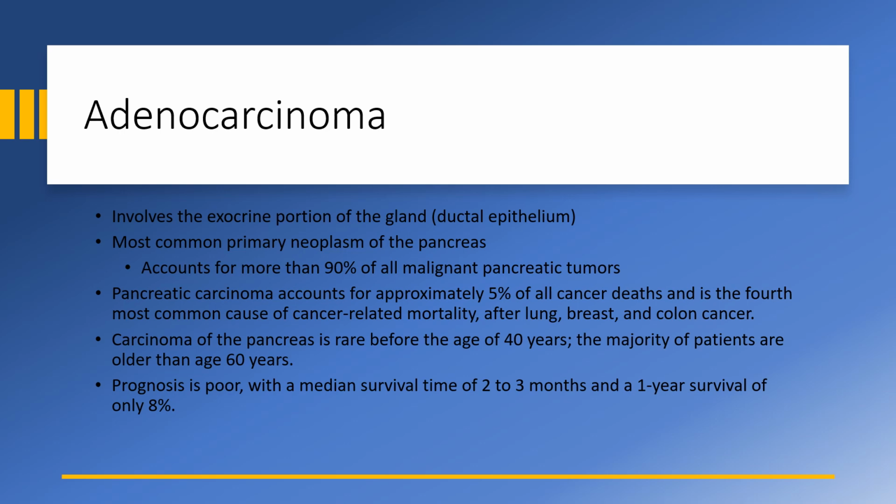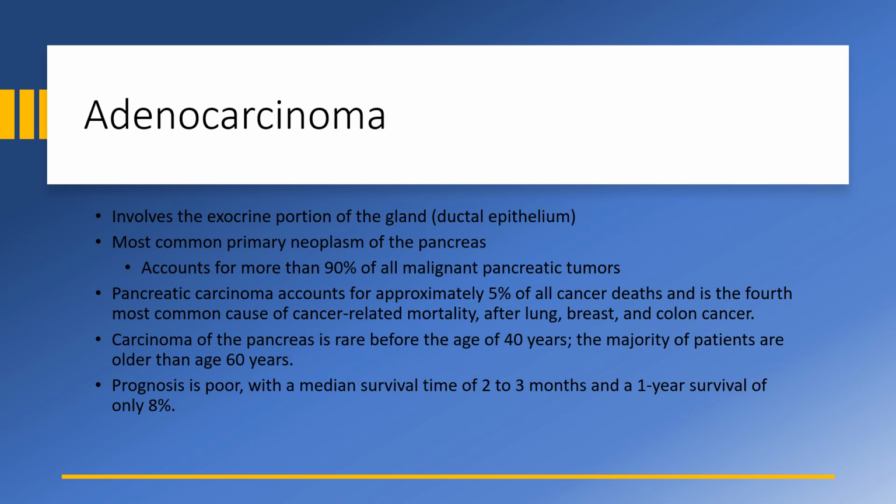And the reason for it is because it's typically asymptomatic until it's reached a much more advanced stage. If they have no symptoms, we have no reason to image them. So they don't see it until they have symptoms, and by then it's usually going to have a high rate of mortality.